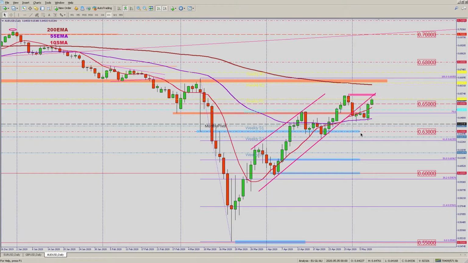And below that, if it does fall below the daily 55 EMA, that's the monthly pivot at 0.6354, and key round figure at 0.63.